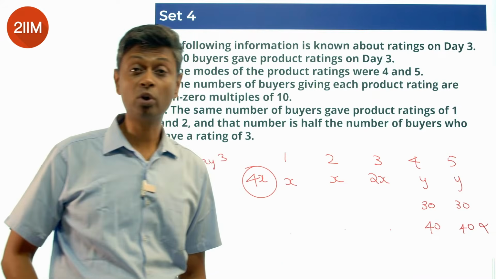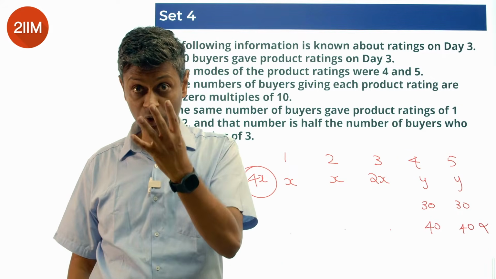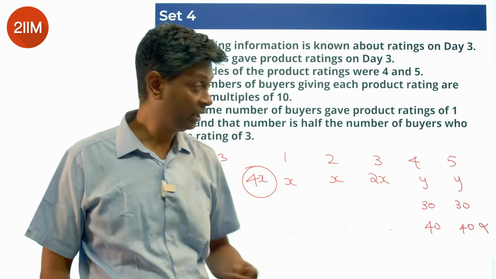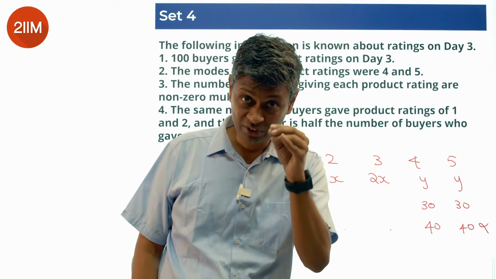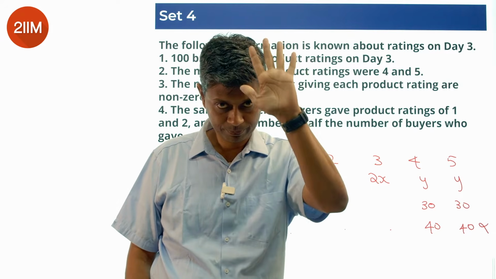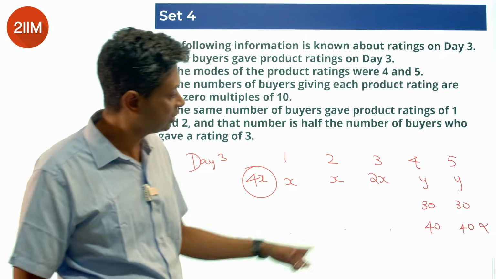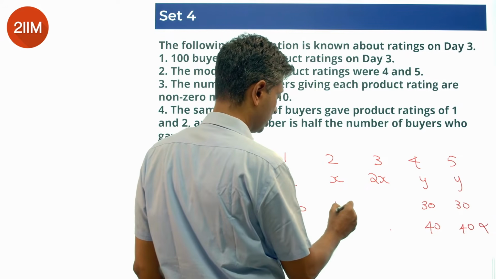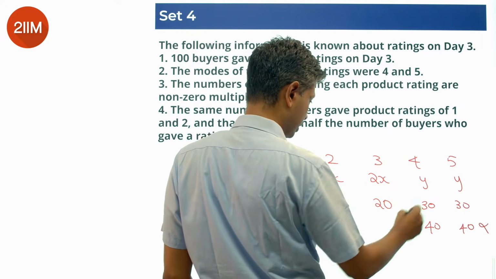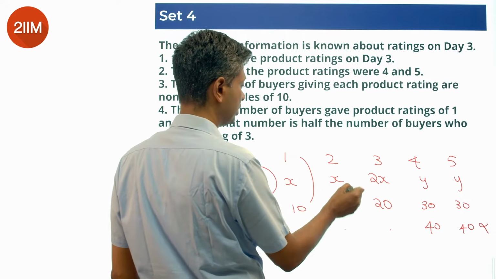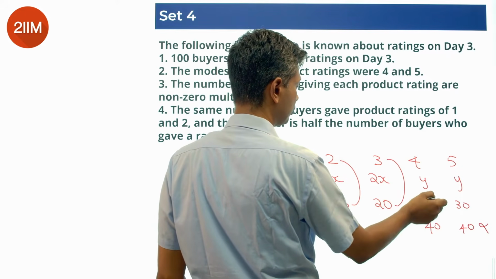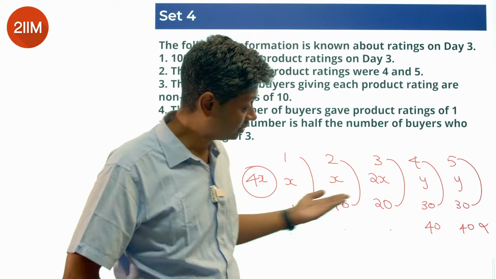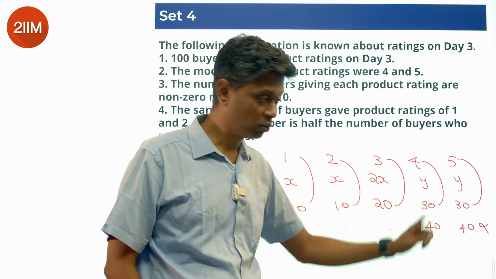If each of 4 and 5 were 40 and 40, then 80 people give 4 and 5, and 20 people remain for giving 1, 2 and 3, each a multiple of 10. Not possible. But 30, 30 works: 10, 10, 20, 30, 30. 10 people give 1, 10 people give 2, 20 people give 3, 30 people give 4, 30 people give 5. The total number of people is 100, with modes 4 and 5.